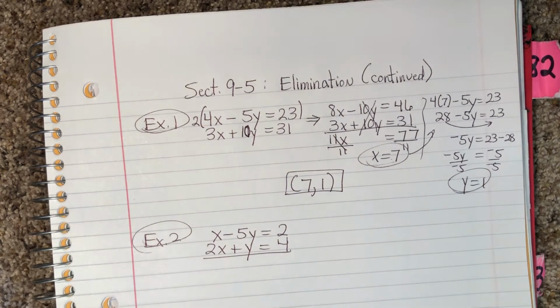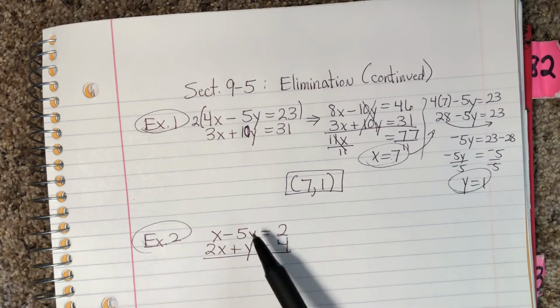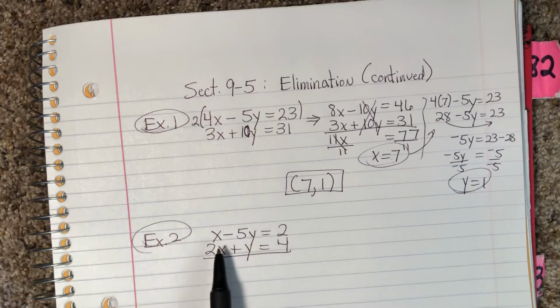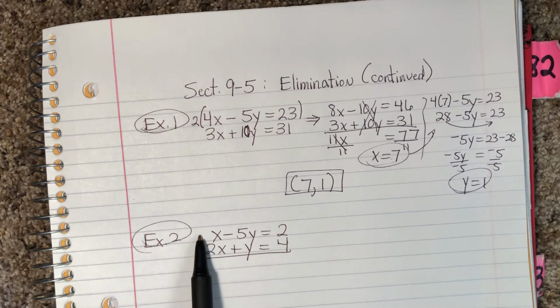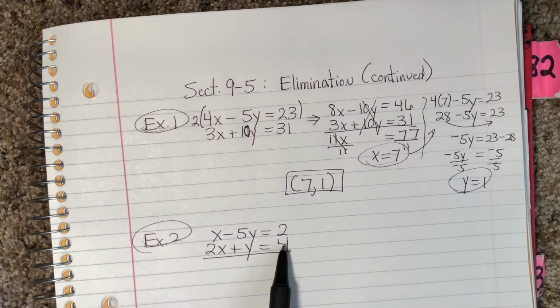Now looking at this one, nothing is set up for me to just add straight off the bat. But there's a couple things I could do. I could multiply the top equation by a -2, in which case the x's would drop out. I could also multiply the bottom equation by a +5. That would be another strategy to solve it. Either way would work, so I'm going to show you both.